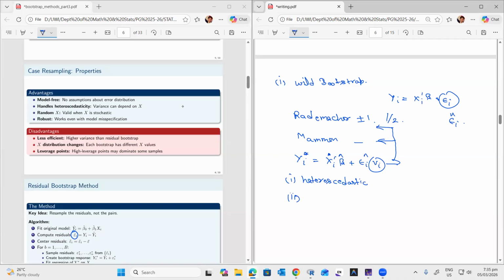Second, errors are not assumed to be identically distributed.